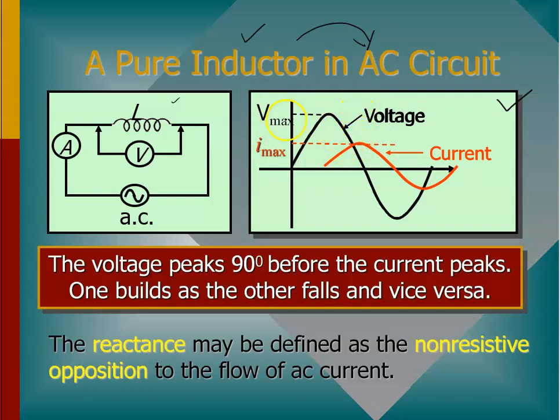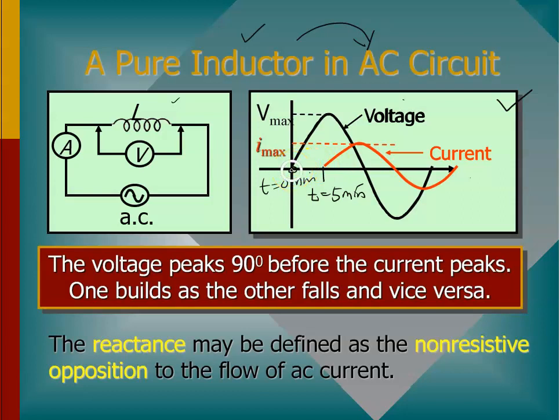Let's say this point is t equal to 0 minutes and this point is t equal to 5 minutes. The current lags a little behind the voltage when the circuit is closed.